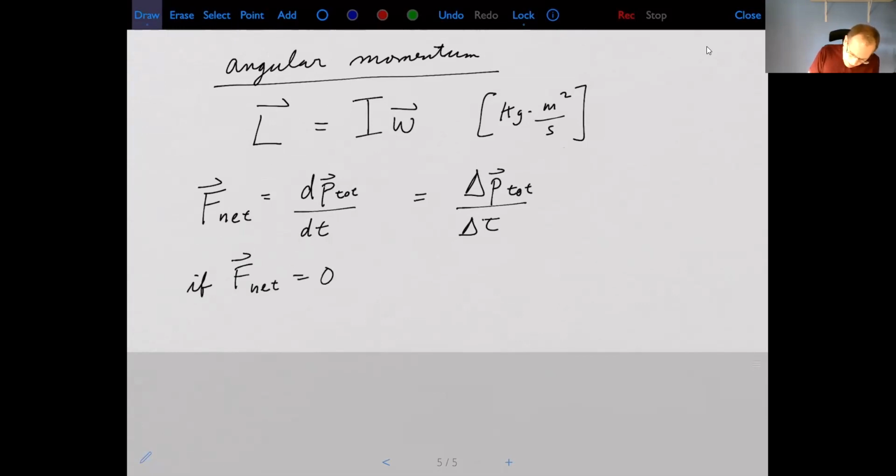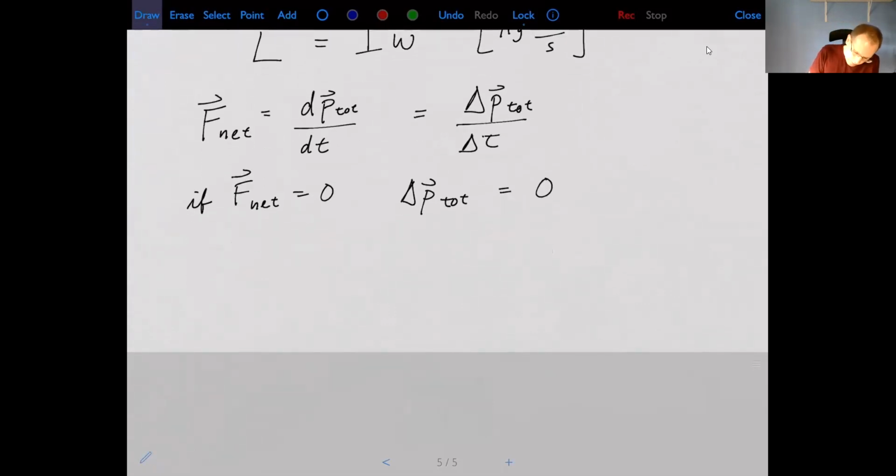And then the key thing we said, well, if the net force is 0, then that means the change in the total linear momentum was 0, which meant that the final linear momentum minus the initial linear momentum is equal to 0.